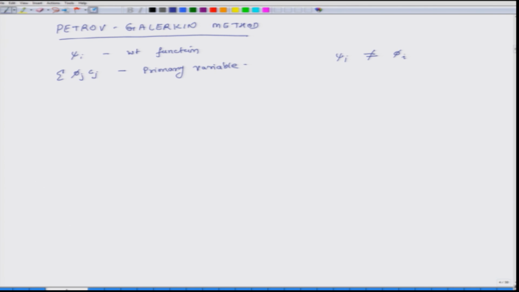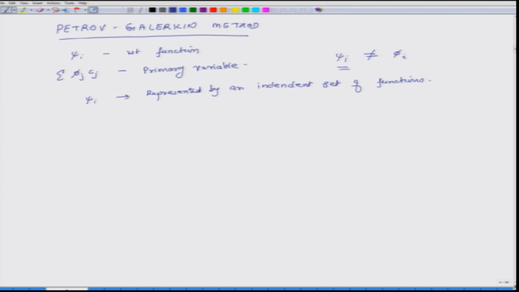What that means is that these psi's are represented by an independent set of functions, and there is no restriction on whether they have to meet the boundary conditions or not.